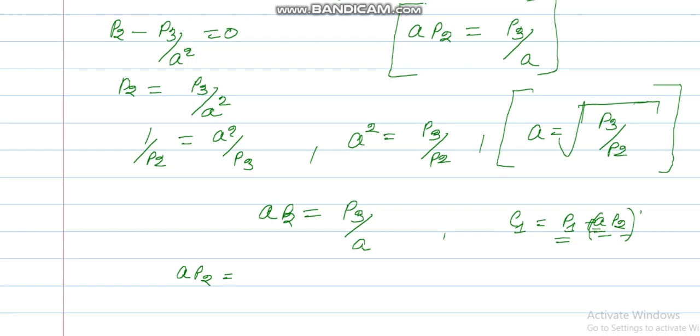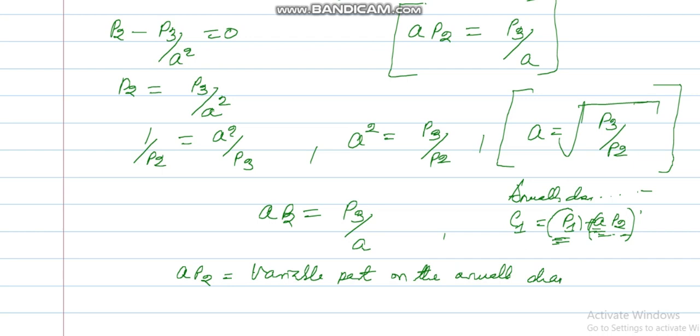Kwa hiyo tunaweza tukaiita A P2, kwa vile the whole term ilikuwa inaitwa annual charge on the capital outlay. Well, this is the constant charge on the capital outlay, na hii ni variable charge on the capital outlay. Sawa. Kwa hiyo P2 tunaweza tukaita ni variable part on the annual charge, na P3 over A tuliona hii ni nini?